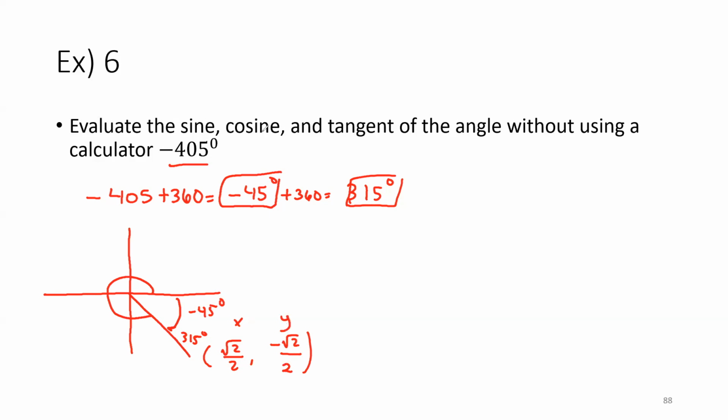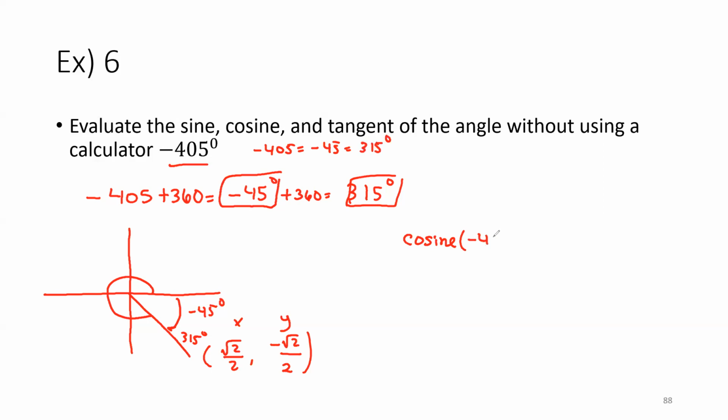So we got to find sine, cosine, and tangent. So the good news, it is a degree within the unit circle. So cosine of 315, or negative 405, is the same thing as negative 45 degrees or positive 315.